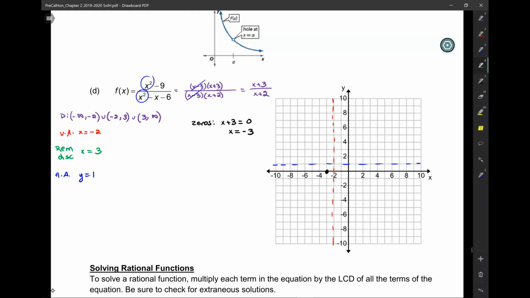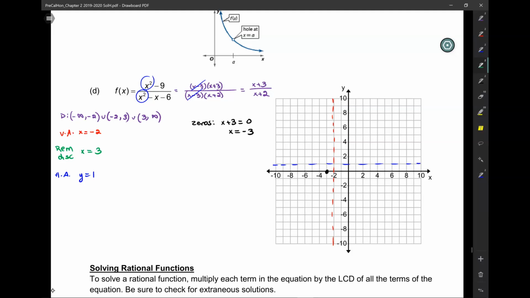However, you have to be careful here with the notation, because technically at x equals 3, does the graph exist? No. So there is no y value at x equals 3. There is no f of 3. It's undefined for f of 3.